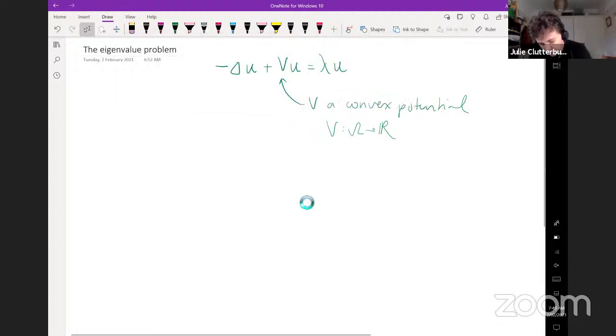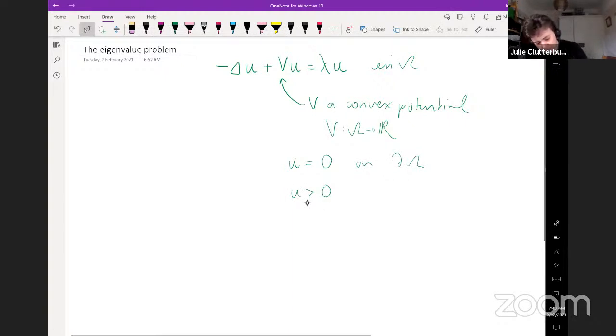And here we've still got our zero boundary value and our positive function on the interior.